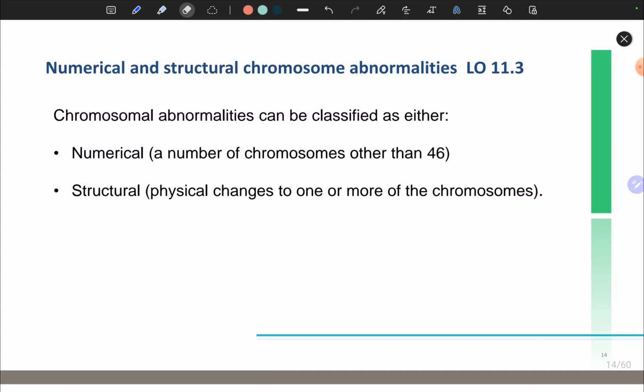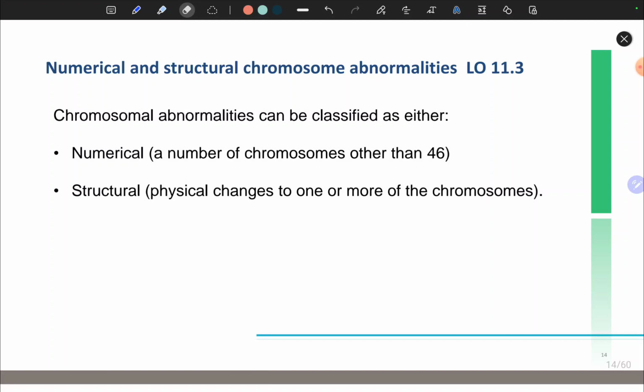Now, most of the abnormalities can be classified as numerical, from their name, there is an abnormality in the numbers. Either more or fewer chromosomes are present. You will see it here. A number of chromosomes other than 46. Any number other than 46 we call a numerical chromosomal abnormality.